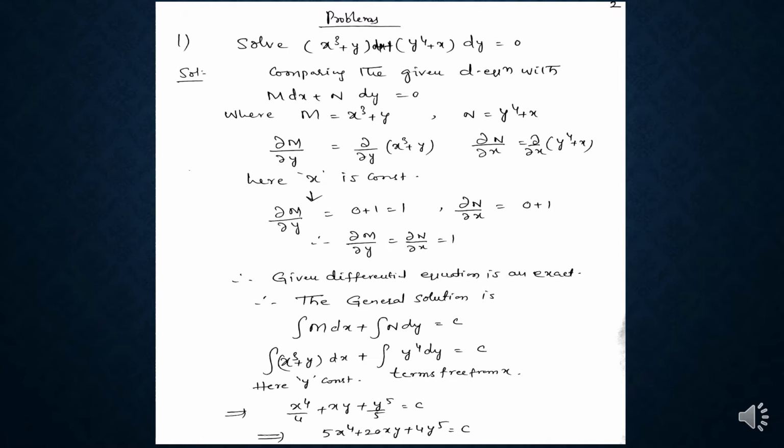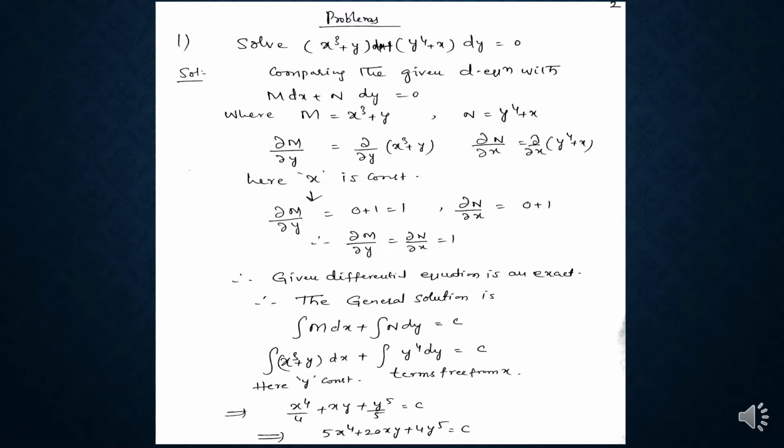If we see this x³ + y, it contains x terms and y terms: (x³ + y) dx + (y⁴ + x) dy = 0. So we can take it in the form of M dx plus N dy is equal to 0. Then we can check for its exactness, that means whether it is an exact differential equation or not.